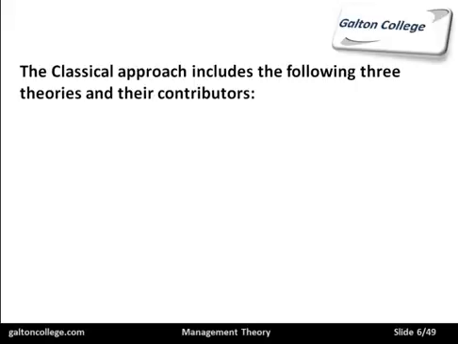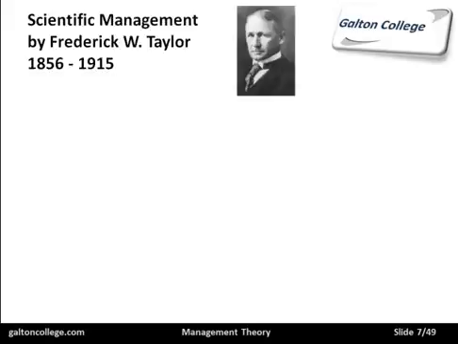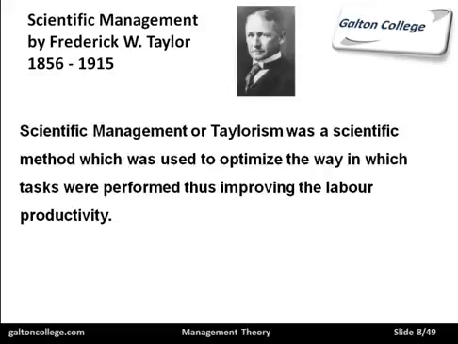So the first one to look at is Scientific Management by Frederick Taylor. Now, to give you a quick version of this, scientific management, or Taylorism as it's sometimes called, was a scientific method which was used to optimize the way in which tasks were performed, thus improving labor productivity. Scientific management was measurement.